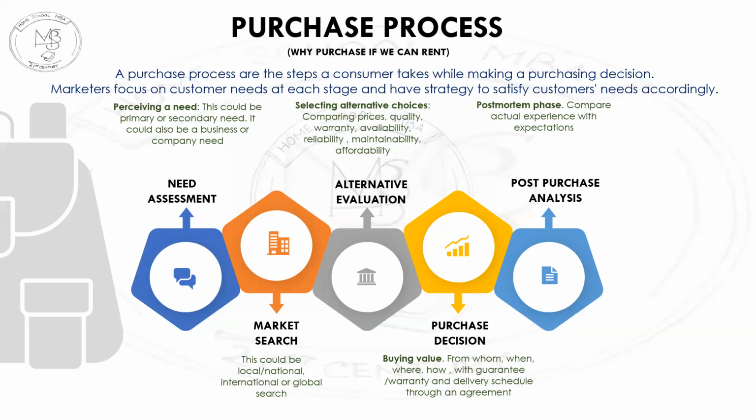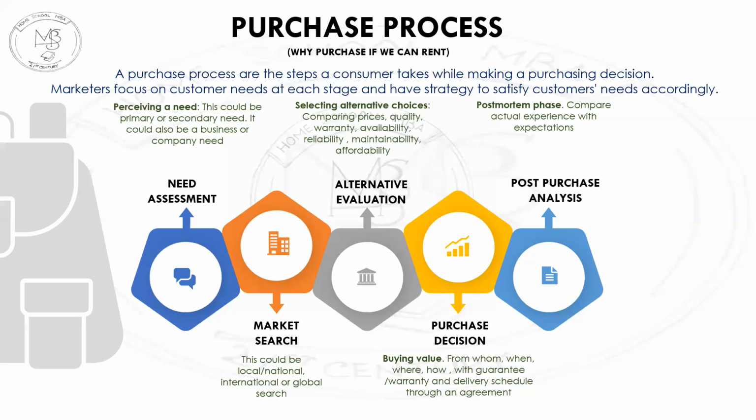So mark the difference: if there is a product for personal use, then personal needs and wishes are differentiated. And if it is a product to be used for the company as a whole, then the company's needs are to be assessed, that is, what will the company do with this, and are there alternatives. And we always say, while we are assessing the needs, why purchase if we can rent it?